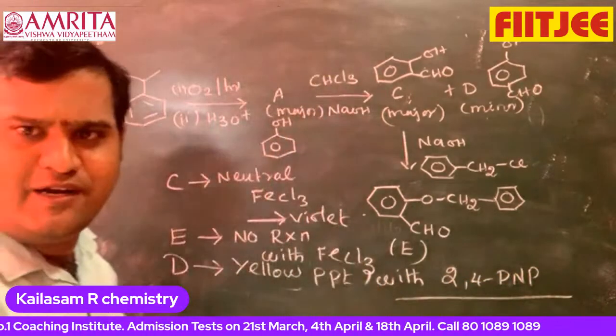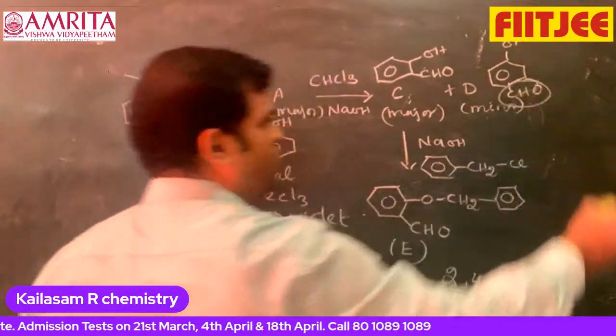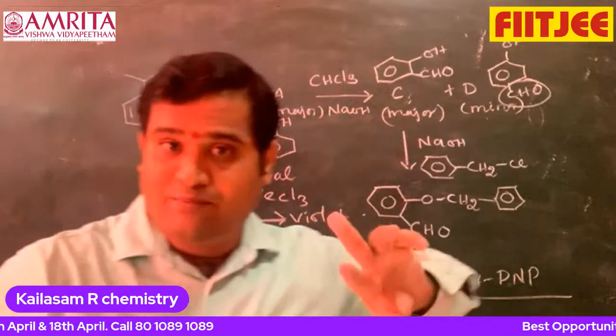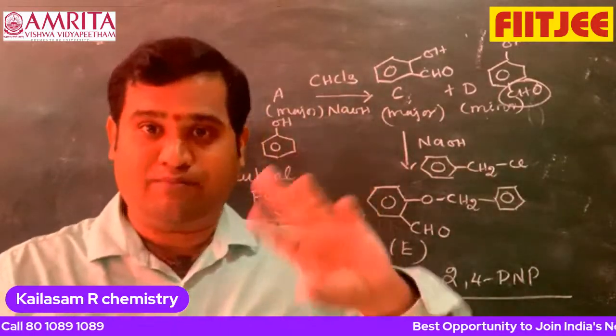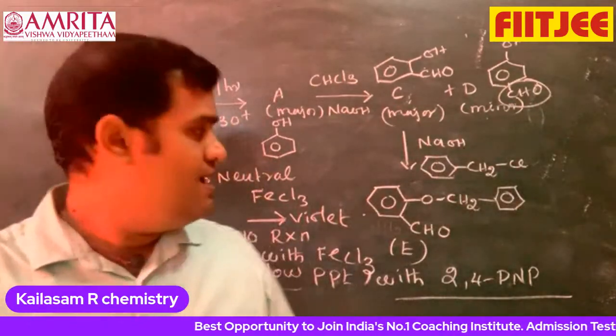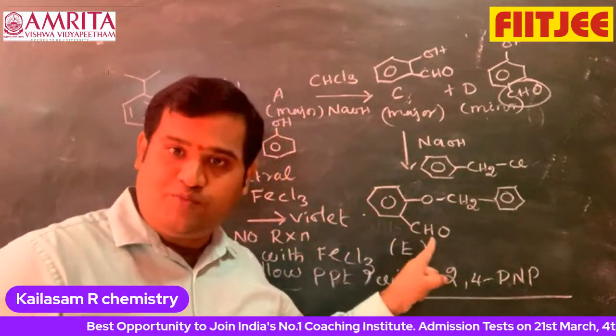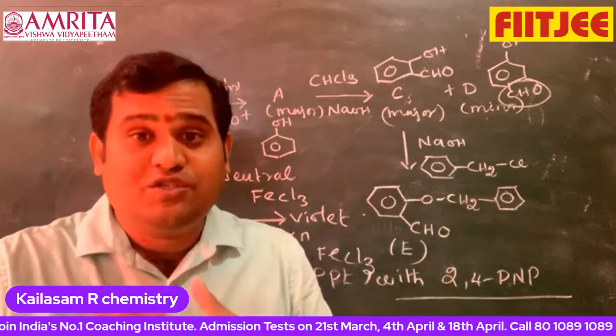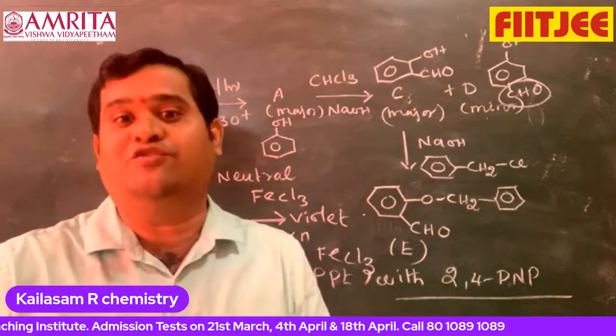This is a correct statement. Why? Because it has CHO. So 2-hydroxybenzaldehyde can produce a yellow precipitate and can produce violet color on treatment with neutral FeCl3. But even this ether compound can produce a yellow precipitate because CHO is there, though it does not react with the neutral ferric chloride test. So this is what you may expect in the JEE Mains examination.